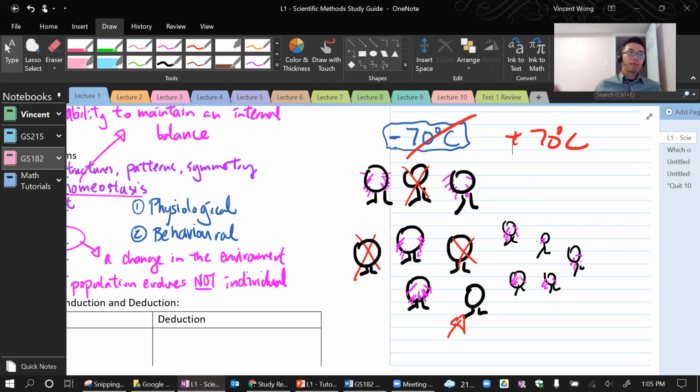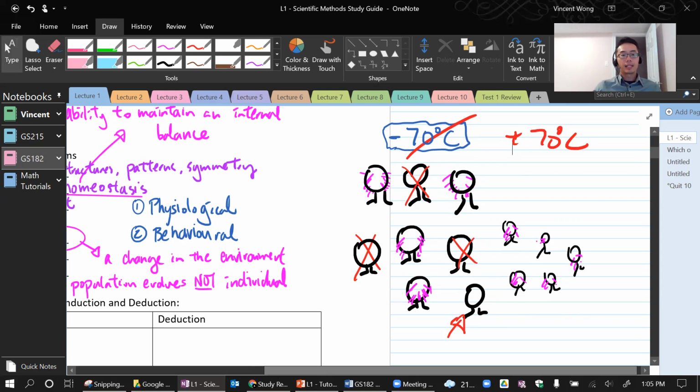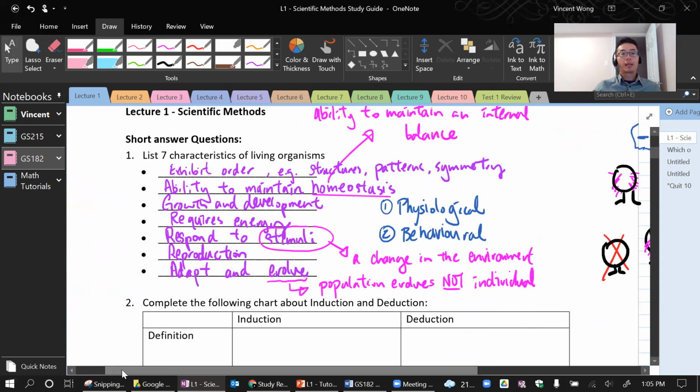There are some organisms that don't necessarily do that. If you mean respiration as in breathing, then some organisms don't necessarily breathe. So generally, that's not a characteristic of all living things, but a requisition of energy, that would be it.